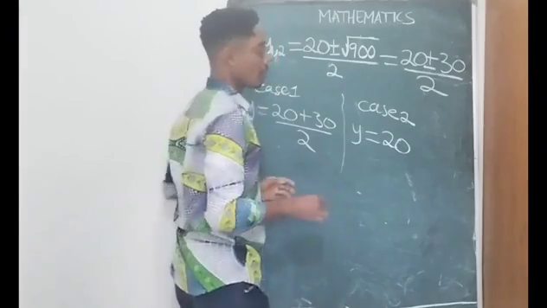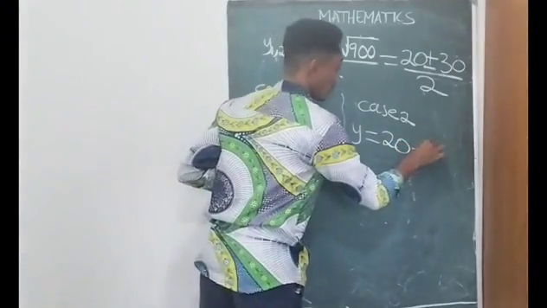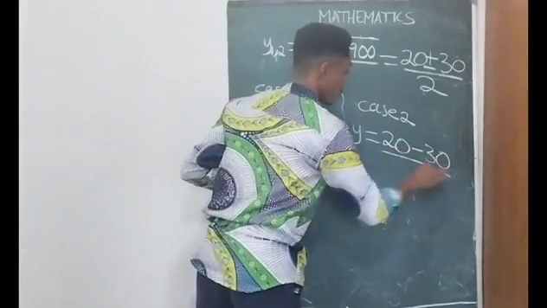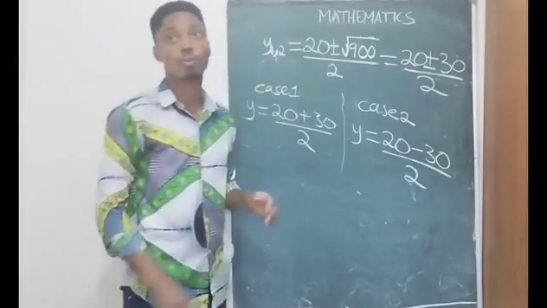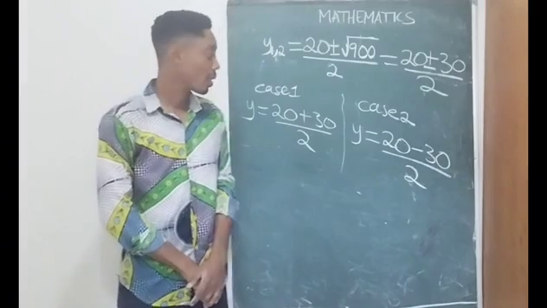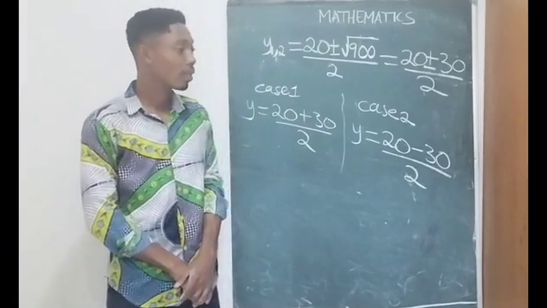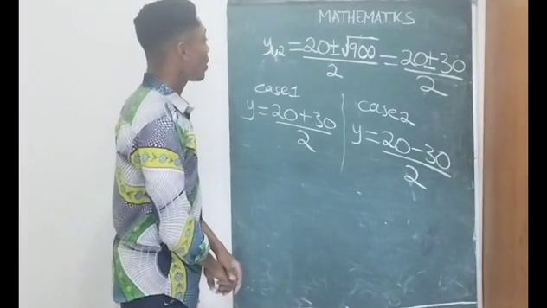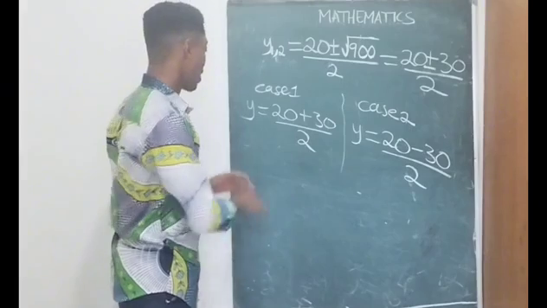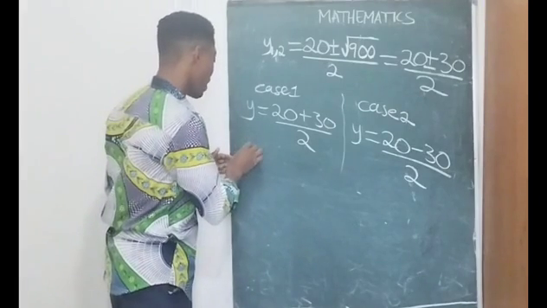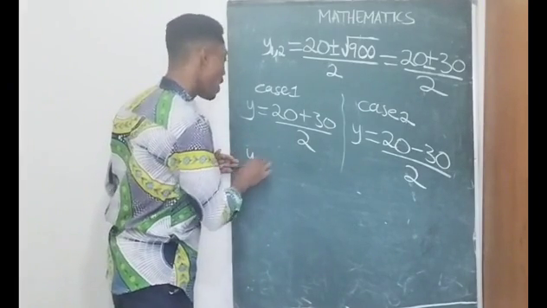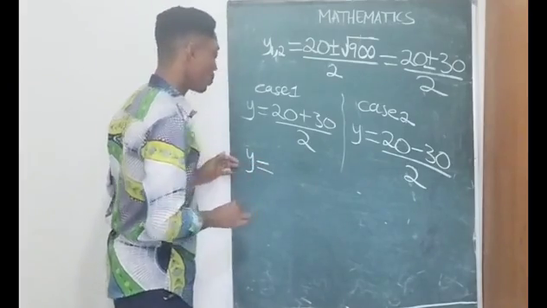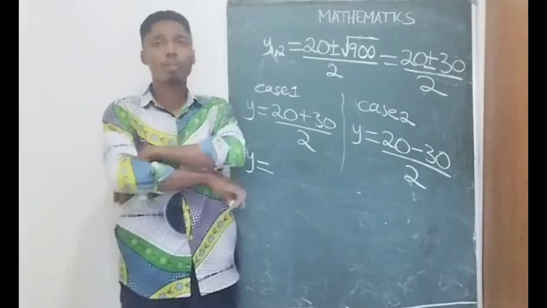We pick the minus sign, minus 30 all over 2. 20 minus 30 all over 2. So from there, it is obvious that we establish that y equals, now, I want you to note something.